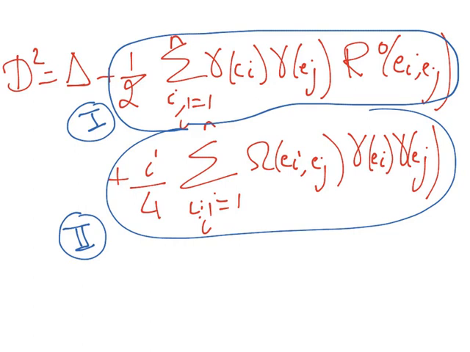So my goal now is to prove that quantity 1 is 1/4 the scalar curvature, and quantity 2 is i/2 the Clifford multiplication of the 2-form omega with psi. To do so, I'm going to calculate explicitly quantity 1, and then later on explicitly quantity 2.